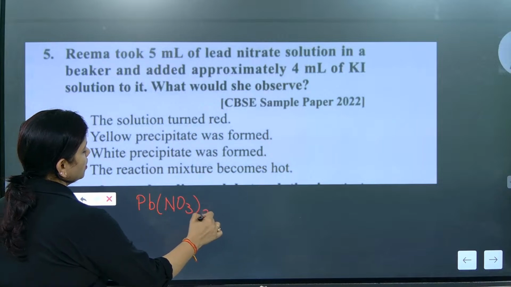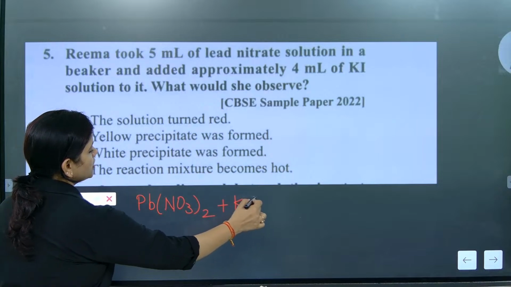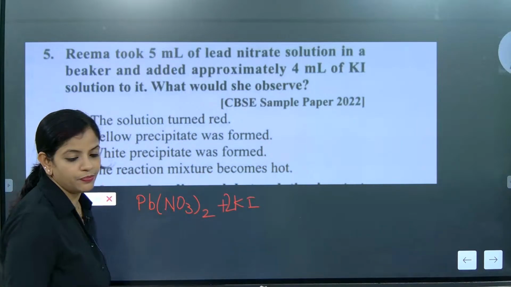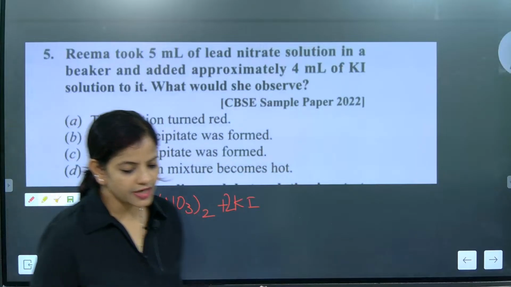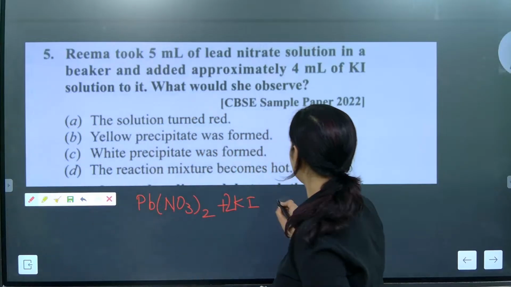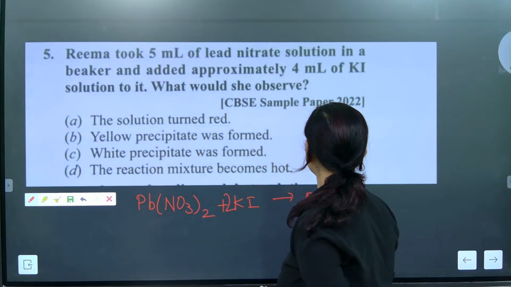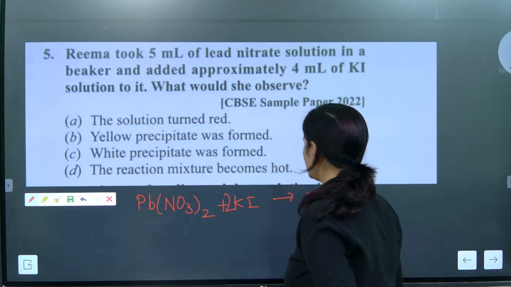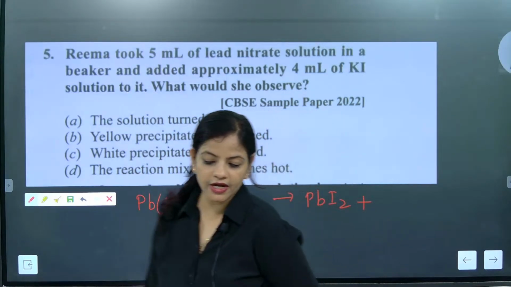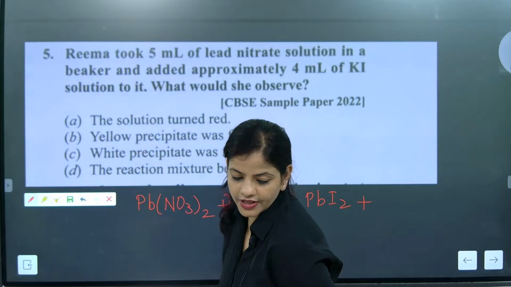Pb(NO3)2 plus potassium iodide gives PbI2. So lead iodide is obtained, and after lead iodide, 2 KNO3 will be there.